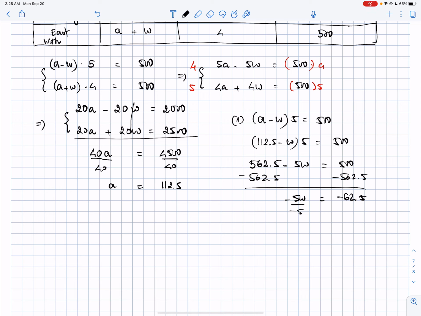Divide both sides by negative 5, and we get the answer 12.5.